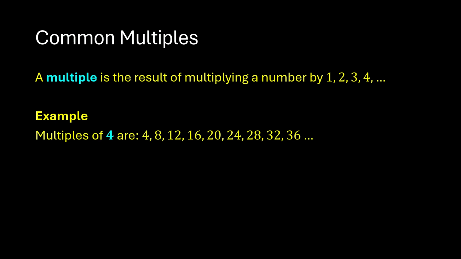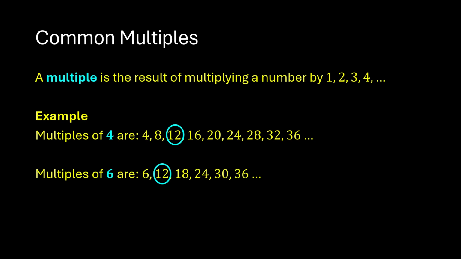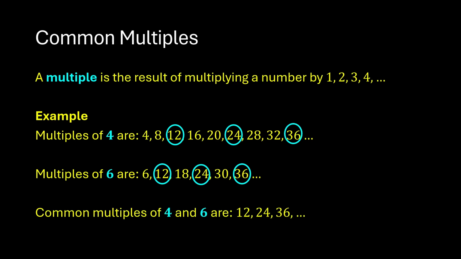And the multiples of 6 are 6, 12, 18, 24, 30, and so on. So the common multiples, notice which are common to both, are 12, 24, 36, and so on. So the common multiples of 4 and 6 are 12, 24, 36, and so on.